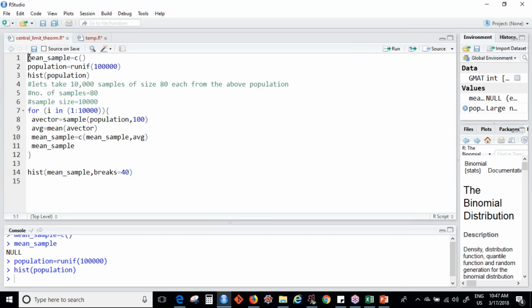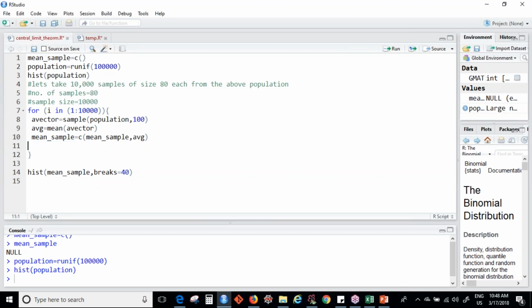The purpose of this vector was to store the average numbers from the samples. You follow, guys? So mean_sample will go on adding the average values from the samples to this vector.